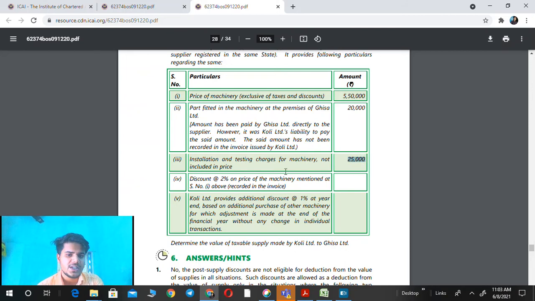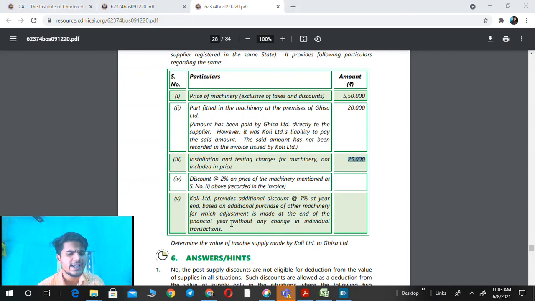And discount 2% of the price of the machinery mentioned in serial number 1, so discount they give 2%, and they also provide additional discount of 1% a year based on additional purchase of other machinery, for which adjustment is made at the end of the financial year without any changes in the individual transaction.